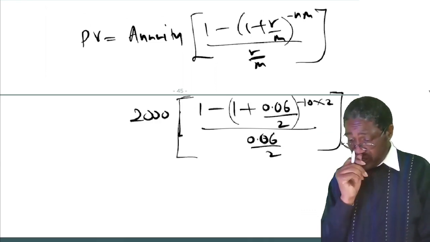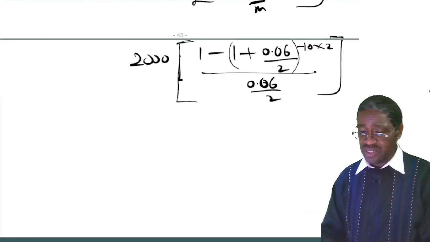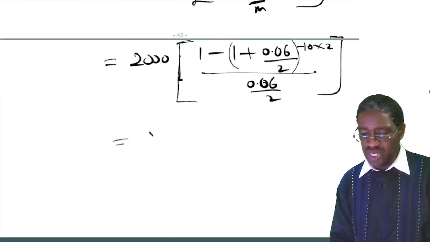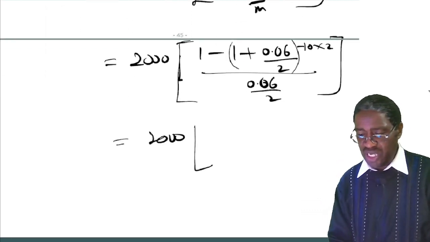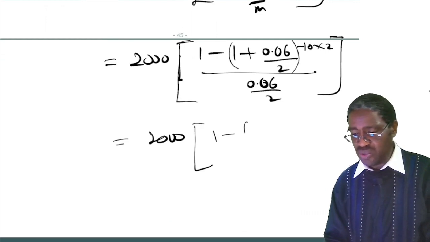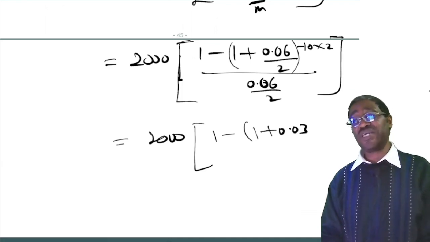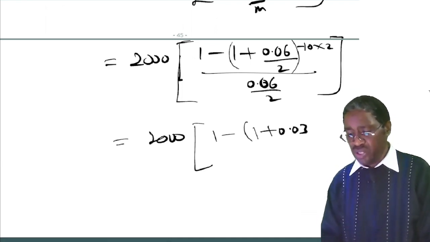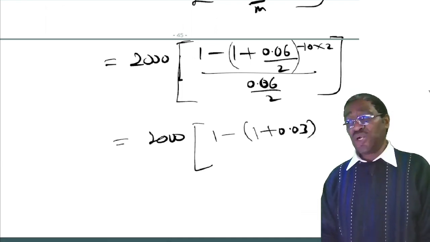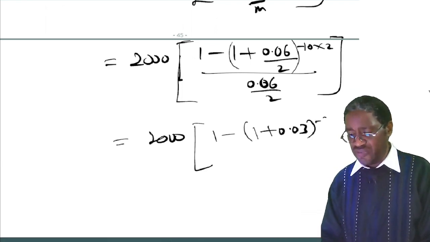Good. So let's simplify this first. This will be 2,000 into 1 plus 0.03. I have taken 0.06 divided by 2, to the power of negative 10 times 2, that is negative 20.